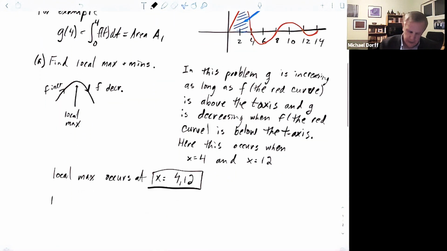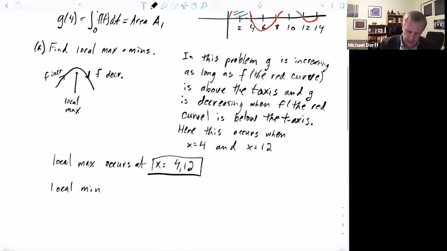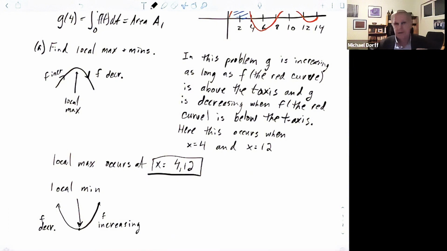How about local mins? So when does a local min happen? Well, that looks like this for any curve. That's a local min there. And this means that for any function, it's going from decreasing to increasing. If it's going from decreasing to increasing, then it's going to have a local min.